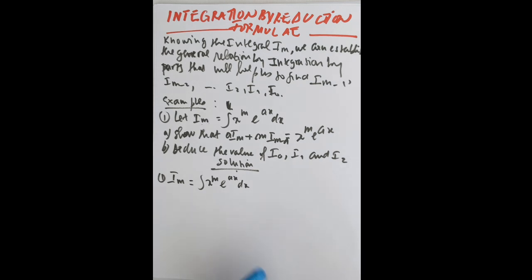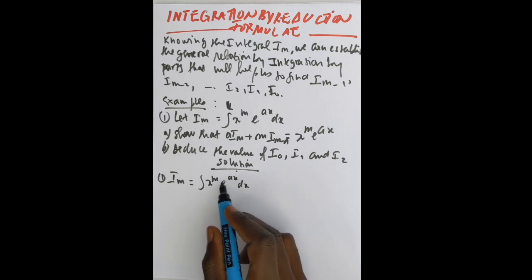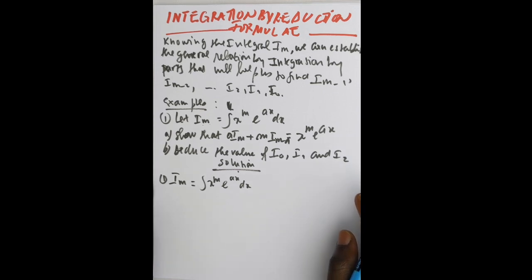By using integration by parts, we have to divide this integrand into two parts such that u can be easily differentiated and dv can be easily integrated.